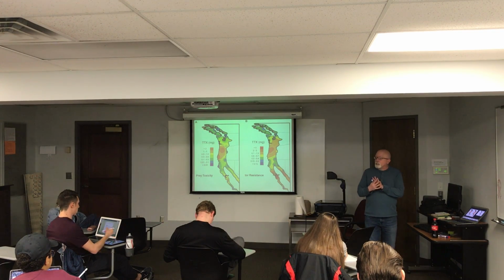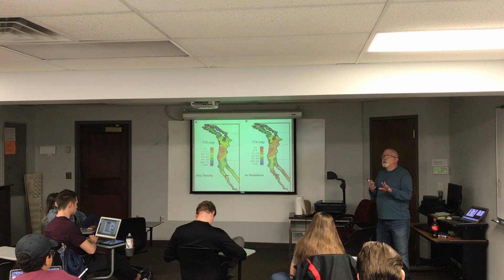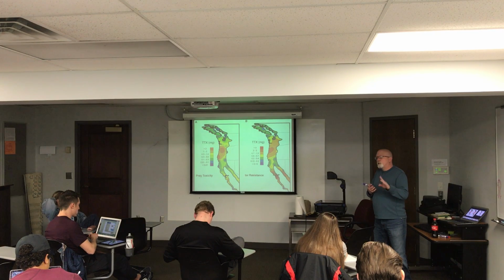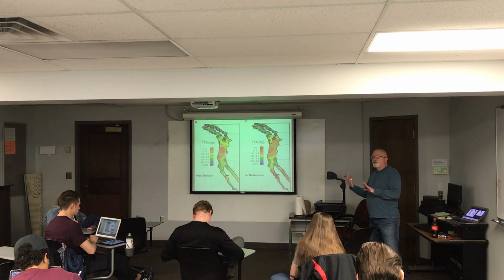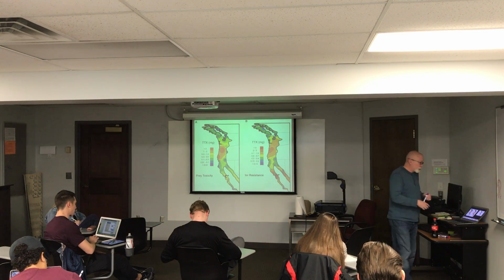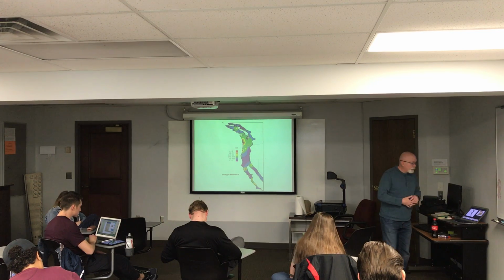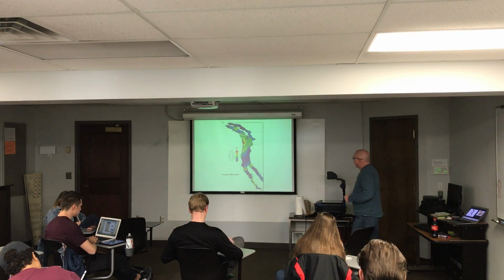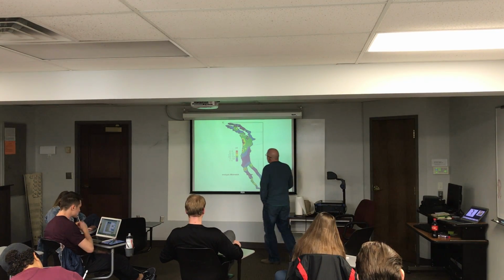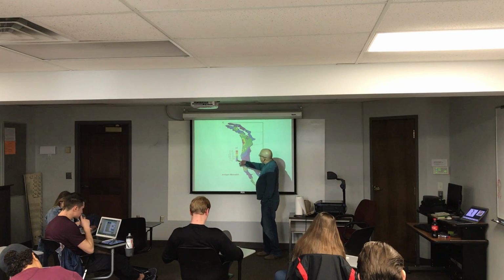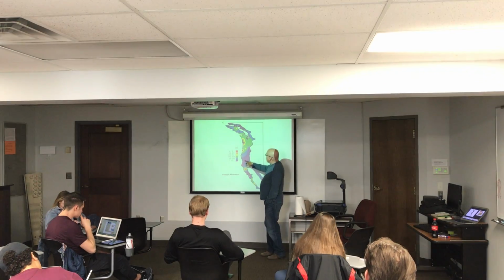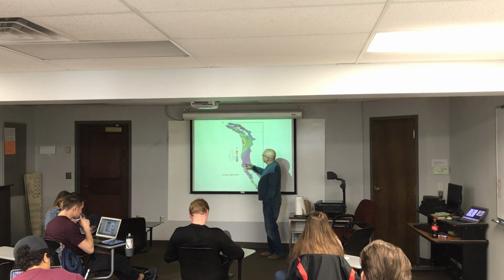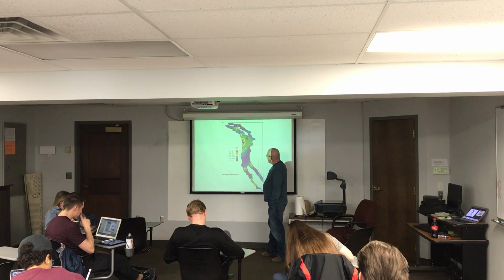You can put these two maps together and basically calculate to what degree the phenotype of the newt in terms of its toxicity matches the phenotype of the snake in terms of its resistance. And what you get is hot spots and cold spots. The hot spots for mismatch are places where, in this case, the snake is much more resistant than the most toxic newts.